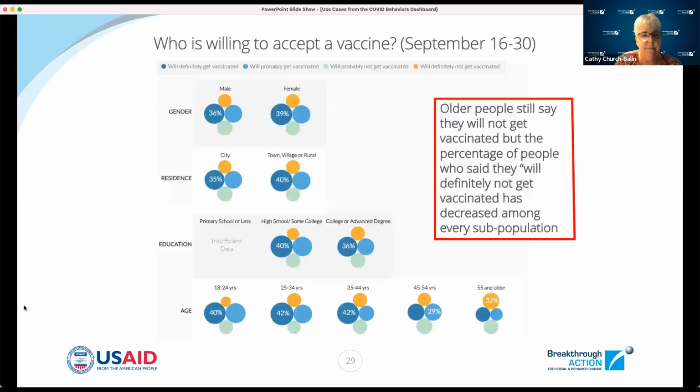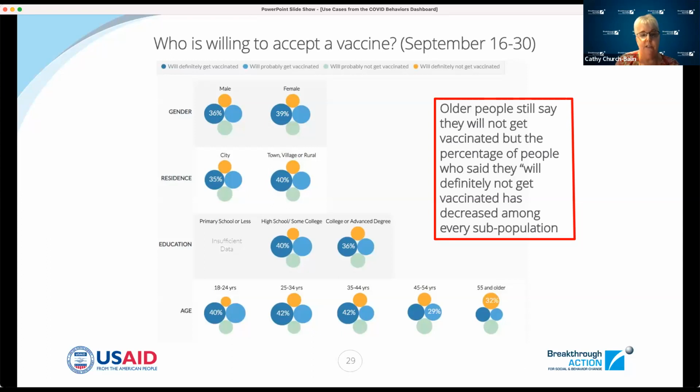Next slide. And of course, we want to know who is willing to accept a vaccine. And it's really interesting here that over time, there have been some changes, and we've been watching this pretty closely. Older people are still our most resistant audience, but other audiences are quite open to vaccination. And we want to encourage that.